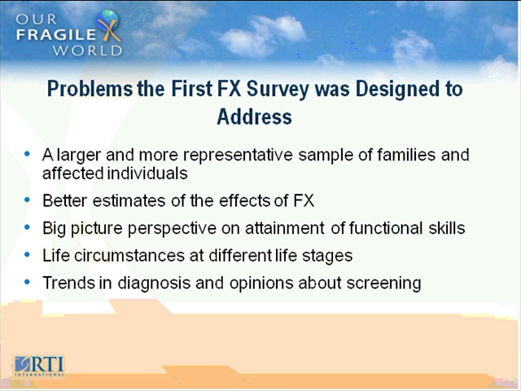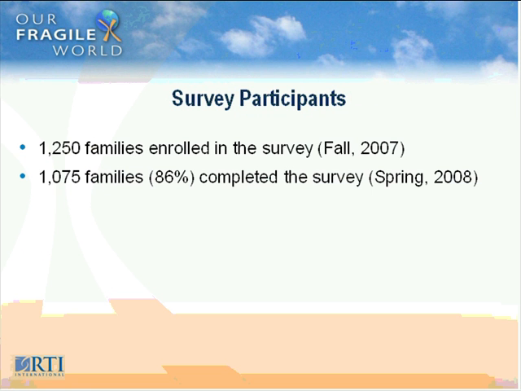A lot of studies have been looking at IQ, but we really wanted to look at life circumstances of individuals with Fragile X at different ages, and also get parents' opinions about changes in diagnosis and their opinions about screening.